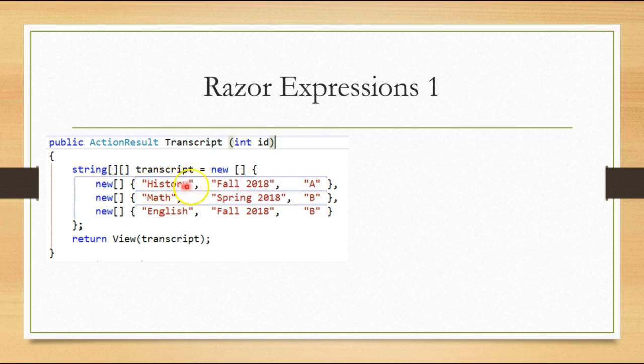Each one will be a course, the semester the student took the course, and the grade the student received. So we created in our controller a new method under the Student controller, called it Transcript, and we added this code here. Again, this is just a simple two-dimensional array, and we take that transcript and we pass it to the view. So this will be our model.